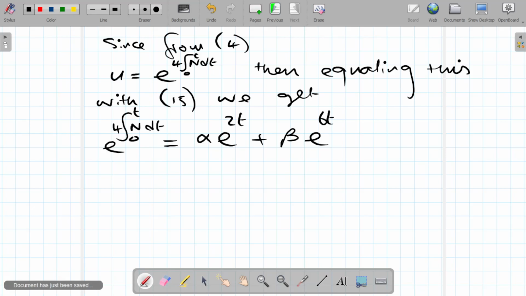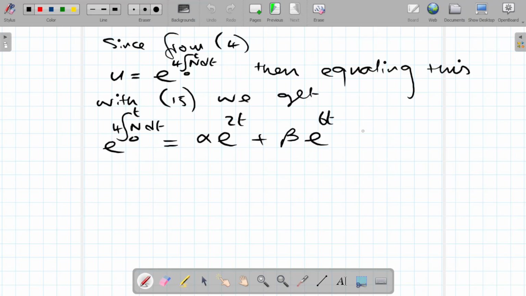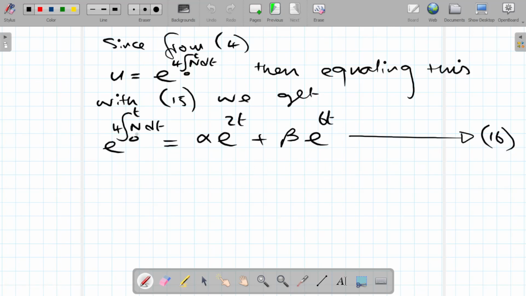But we need to get this equation, which we'll call equation 16, in terms of n alone. At the moment, n is implicit in that equation.